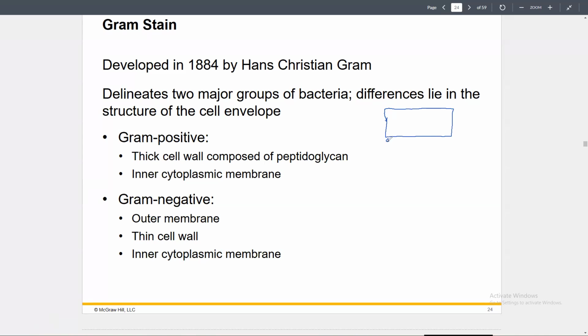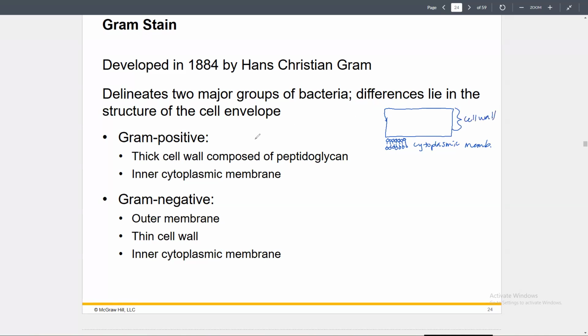And then on the inside here, you would have your phospholipid bilayer. So you have your little heads that are joined here. I'm not going to draw the whole thing, please forgive me, but you get the idea. The little tails and the phosphate heads. This is your phospholipid bilayer that makes up your cytoplasmic membrane. So I'll just write that here, cytoplasmic membrane. And then here is the cell wall.